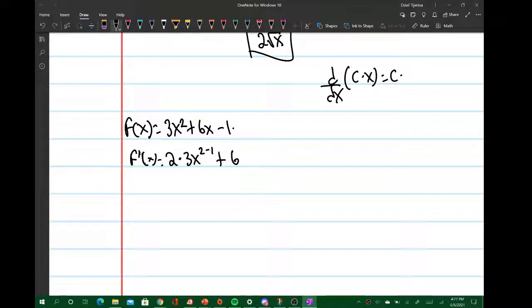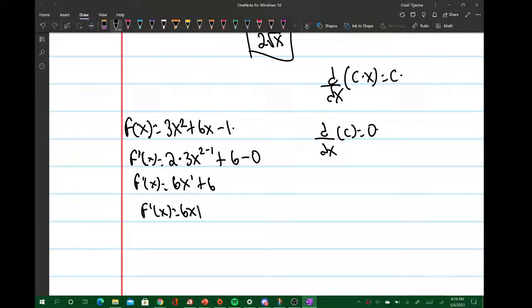And the derivative of a constant is always 0, so it's going to be minus 0. So then we have f prime of x equals 6x to the first power plus 6. So f prime of x equals 6x plus 6. Okay, that would be your derivative.